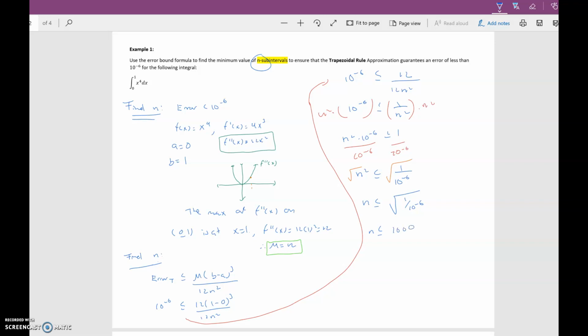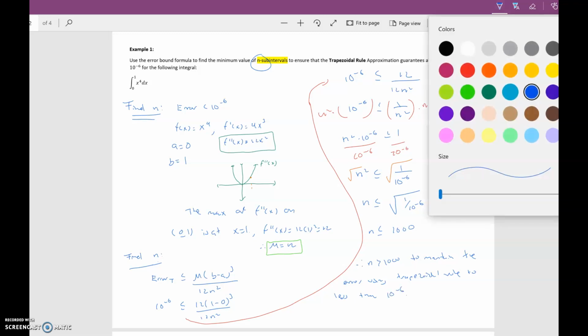1,000. Okay, so now your final statement is going to say something along the following lines: n has to be greater than 1,000 to maintain the error using the trapezoidal rule to less than 10 to the negative 6.